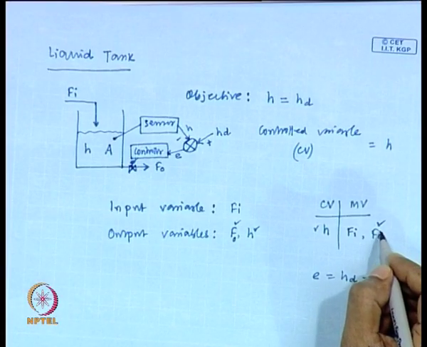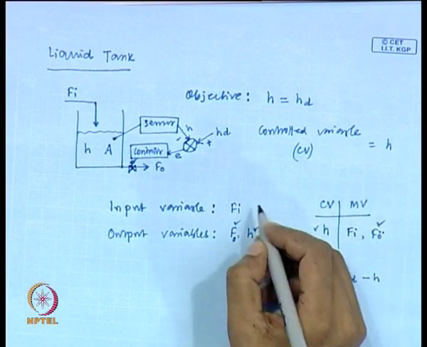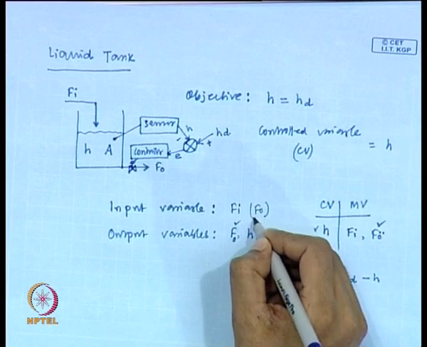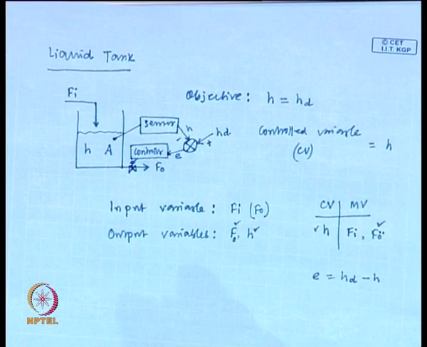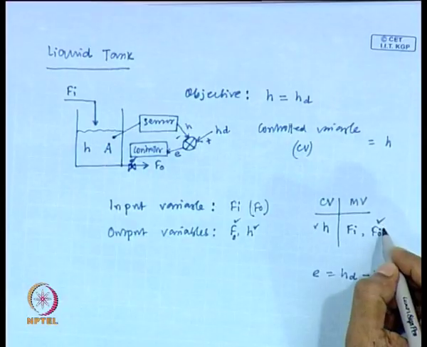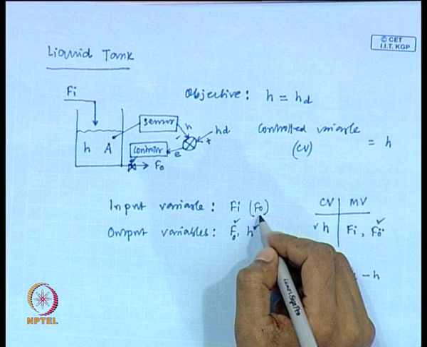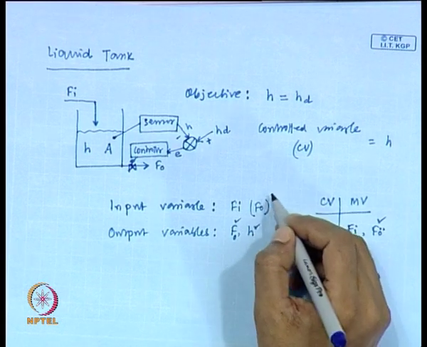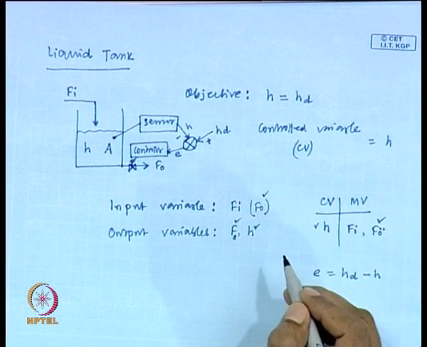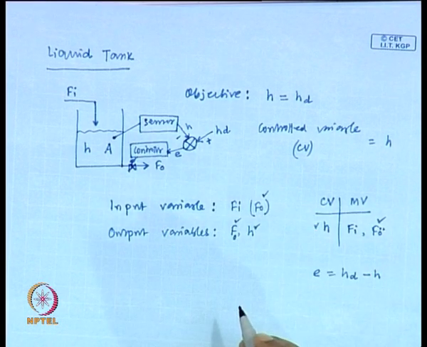So, if we consider F naught as the manipulated variable, then F naught is an input variable, not an output variable, because a manipulated variable is one type of input variable.